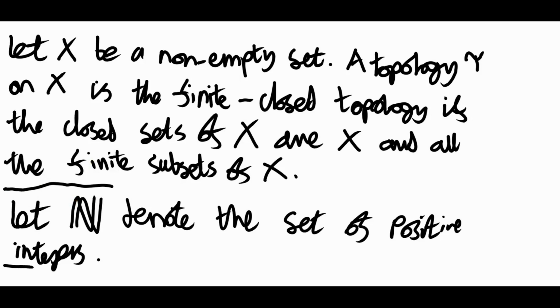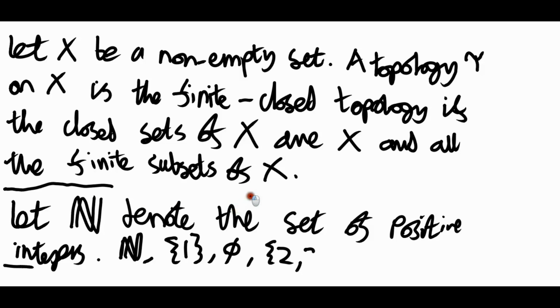So let's consider the finite closed topology on N. Now the closed sets are going to be N itself and all of the finite subsets of N. So for example, {1} and the empty set, and {2, 3, 5}. And there's going to be lots and lots of these finite subsets, which are going to be closed sets.